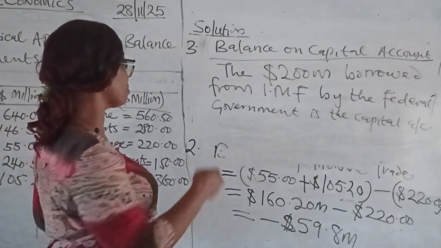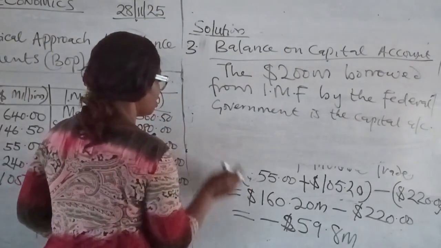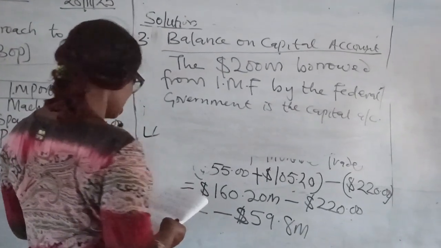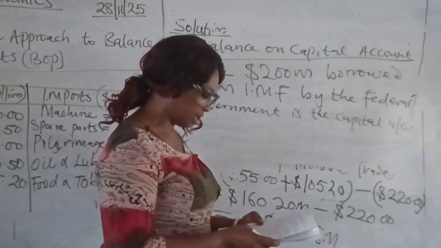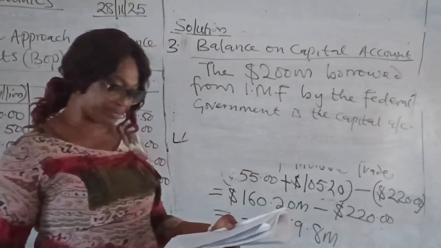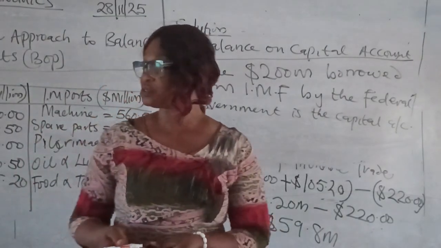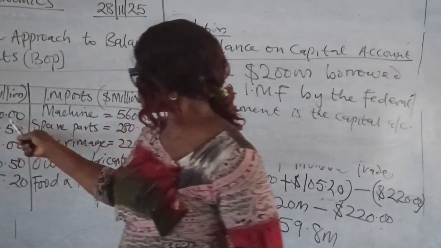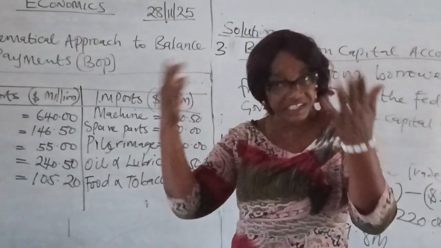So the last question now, which is number 4. Number 4 question says, what was happening to the prices of the country's major exports? When you look at the major exports, what is happening? The major exports are increasing.